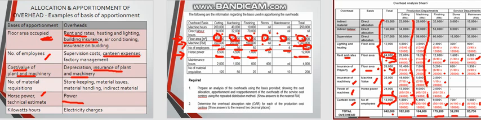This one you total up, and then you total up, this one also you total up. So it's going to give you this figure. The details I will give you in the Word document, the suggested solution. Okay, that's all.